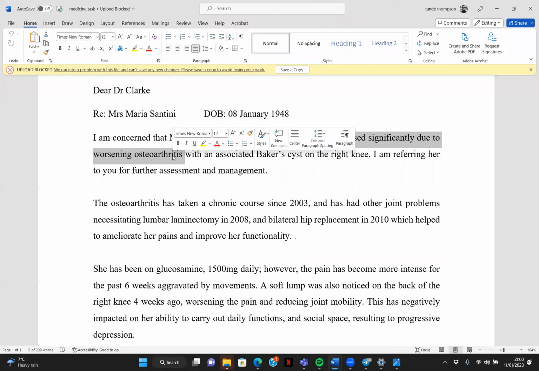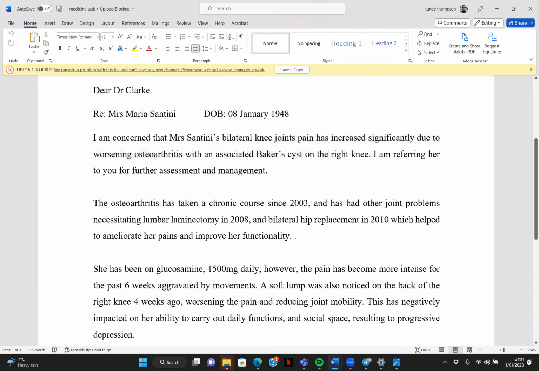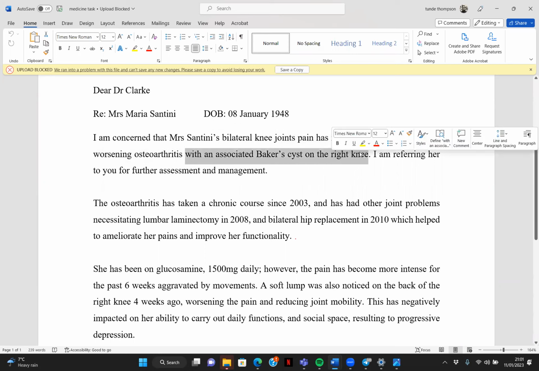In order to still emphasize this problem, instead of adding an associated Baker cyst on the right knee, I can bring that into the body of the paragraph and substitute it here with increased significantly, negatively impacting on her physical activity and mental health. I can put it that way in the introduction. So I think that one will carry more weight than using this other part.